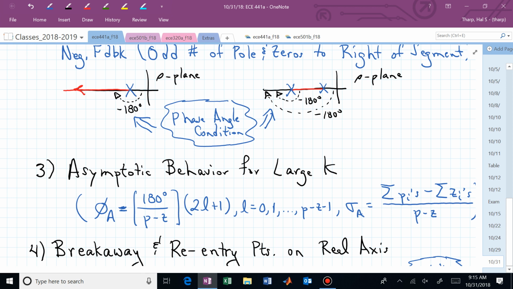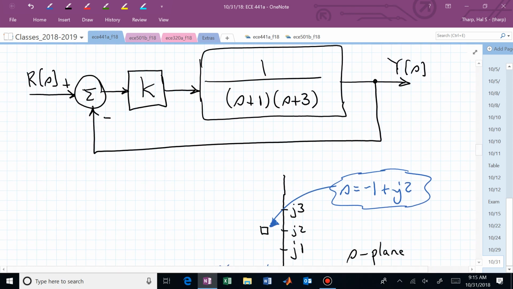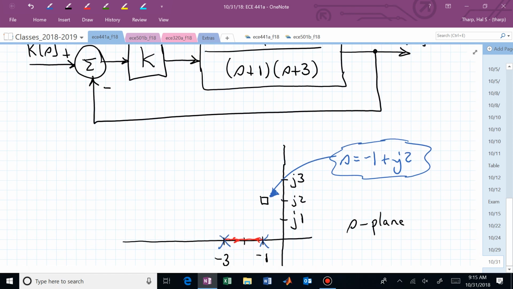But what do we have? We have sigma sub A equaling the sum of the poles minus the sum of the zeros divided by the pole zero excess. We don't have any zeros, and we know where our poles are. They're at -1, -3. So summing those, we get -4 divided by 2.